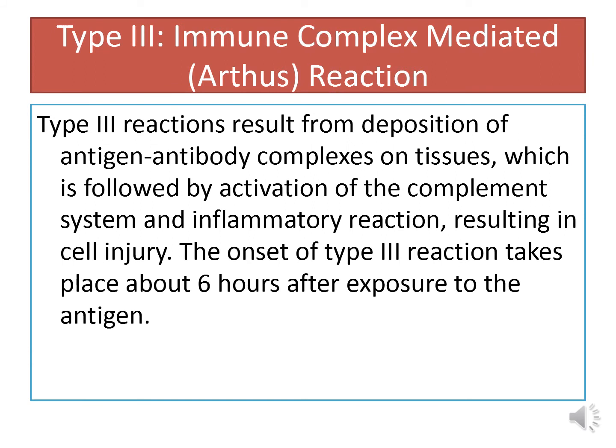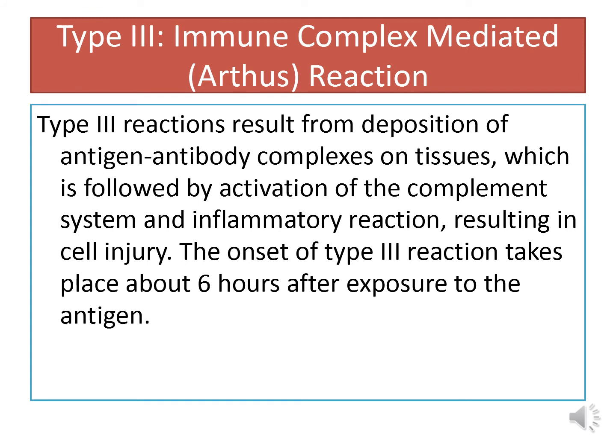Type 3, immune complex mediated, Arthus reaction. Type 3 reaction results from deposition of antigen-antibody complexes on tissues, which is followed by activation of the complement system and an inflammatory reaction resulting in cell injury.